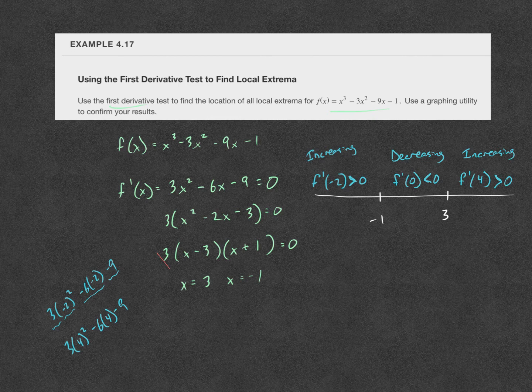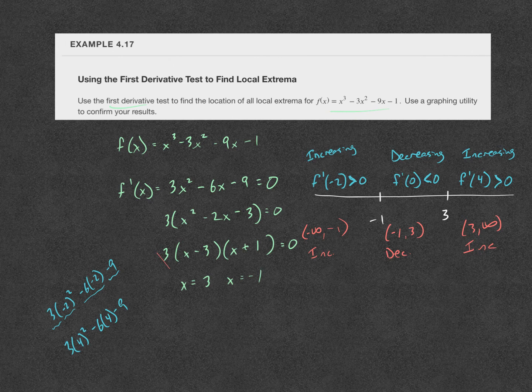So what does that mean about the function? Well, from negative infinity to negative 1, we are increasing. Between negative 1 and 3, we are decreasing. And from 3 to infinity, we're back to increasing. All right.